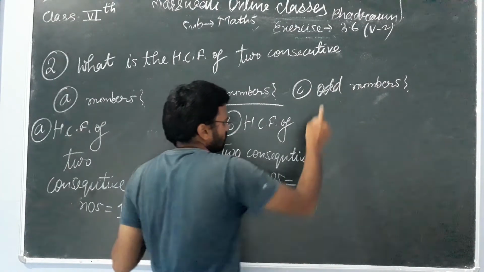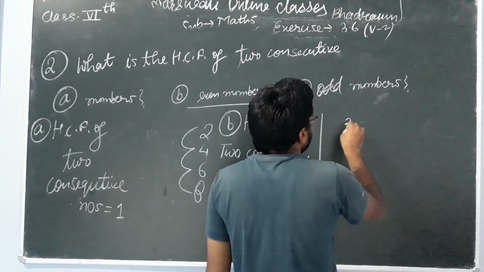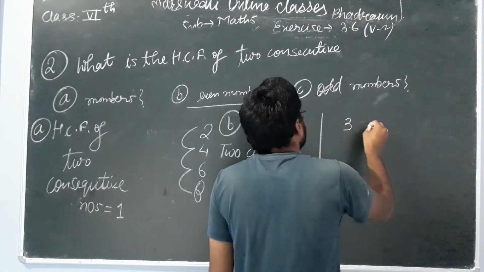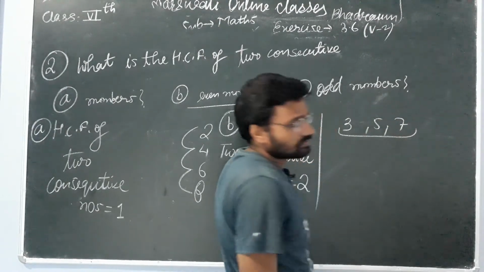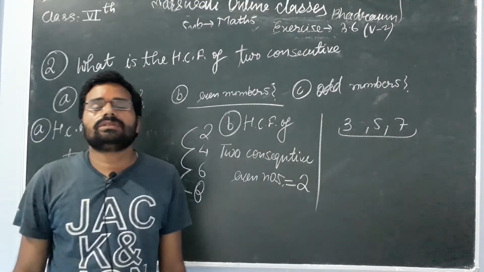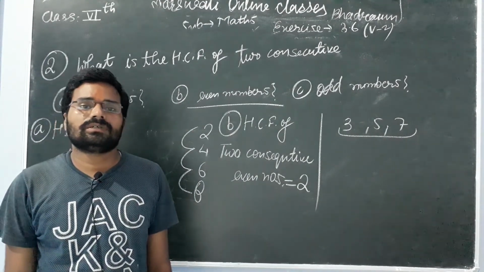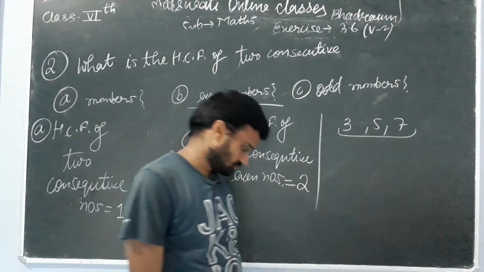Next one is odd numbers. 3 is an odd number, 5 is an odd number, 7 is an odd number. No factor is common between these two. If between two numbers no factor is common, then HCF is always 1.